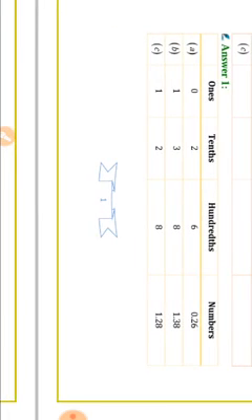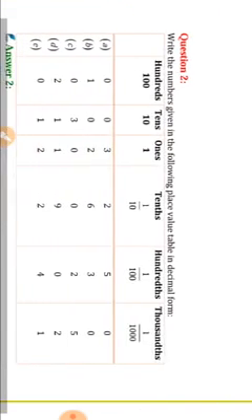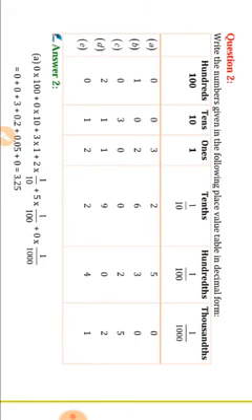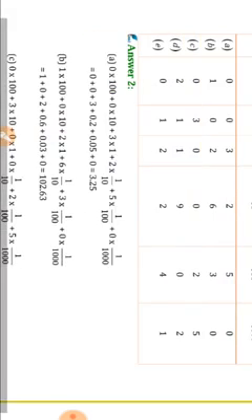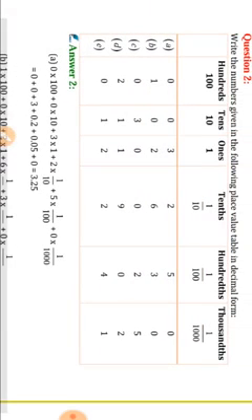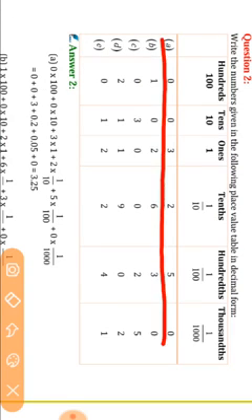Like that. Okay. Then question number 2. Write the numbers given in the following place value table in decimal form. So we have to write it in decimal form. See, 0 into 100. We can write the first question, remaining you can write.